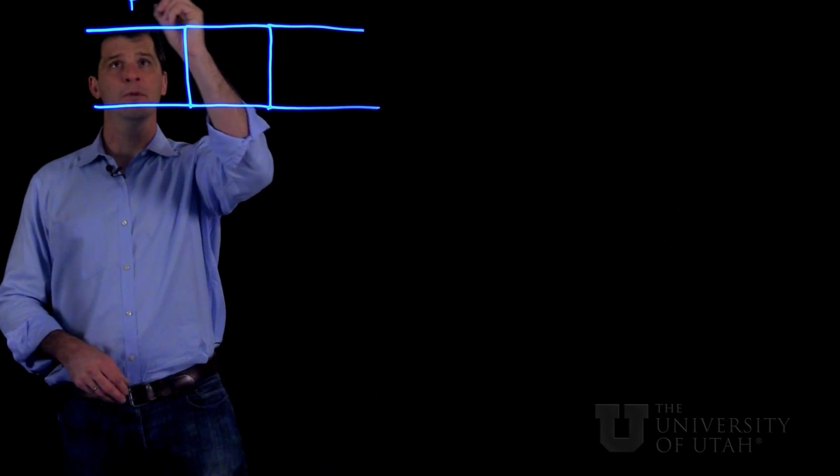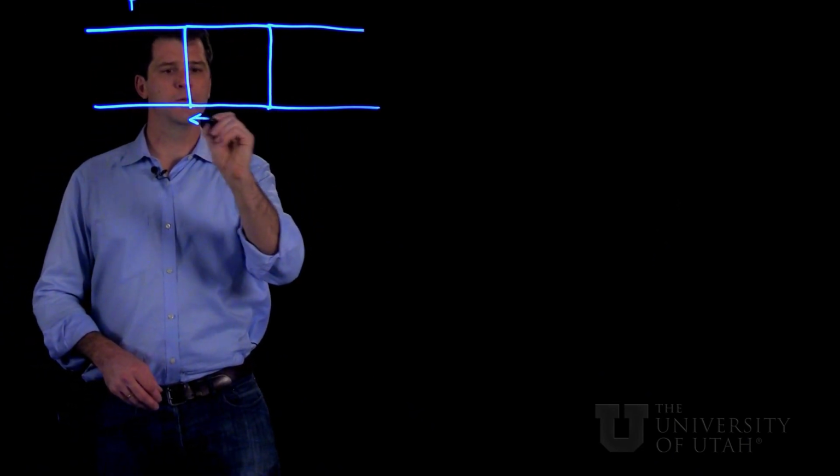Here's our p-n junction schematically. We have our depletion width here.